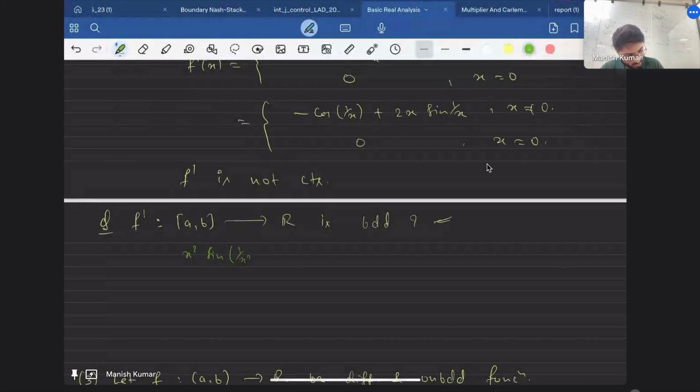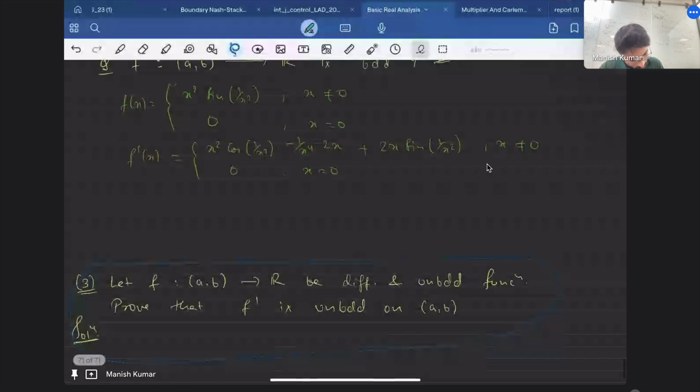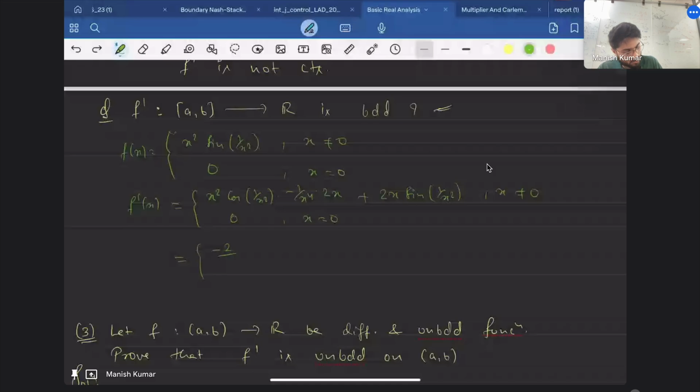So this is equal to minus 2 by x cos 1 by x square plus 2x sine 1 by x square, x non-zero, and 0 if x is 0. So clearly the derivative is unbounded.